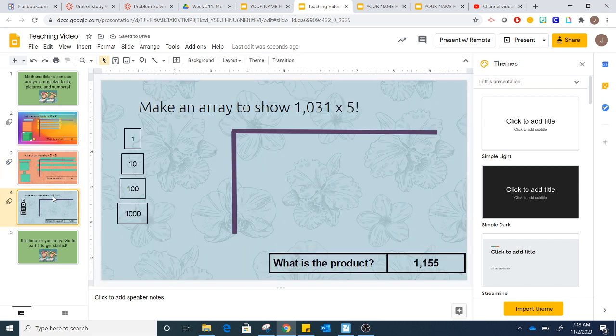And mathematicians can use arrays. They don't have to draw pictures or use tools. They can just write down the number of each part that they're representing. So if I want to show 1,031 on one side, I'm going to pull over 1,000. I'm going to pull over 3 tens. And 1 unit.